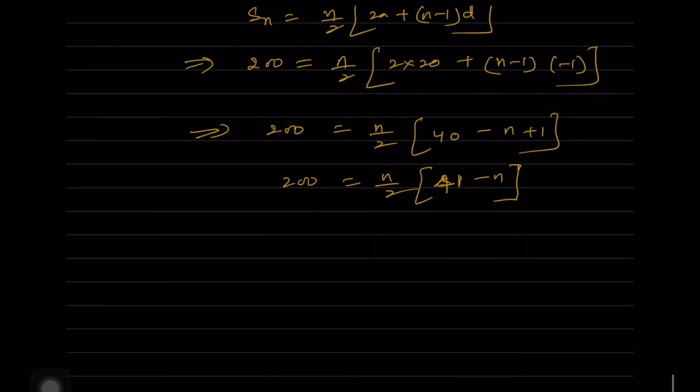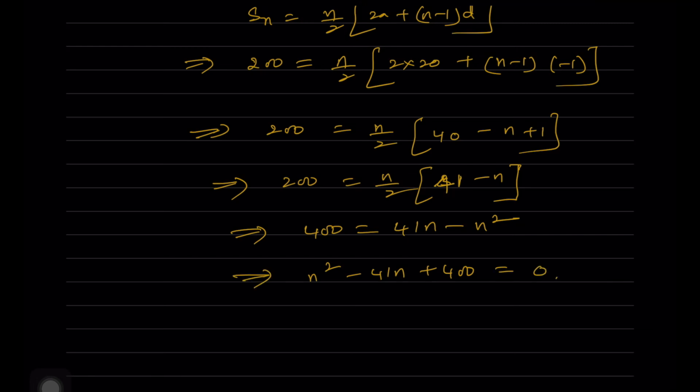So you take 2 that side. You'll be getting 400 is equal to 41n minus n square, or you can write this as n square minus 41n plus 400 is equal to 0. Here the factors are 25 into 16, which gives 400, and 25 plus 16 is also 41.